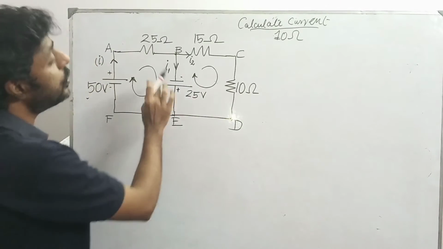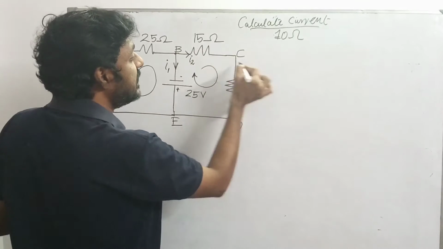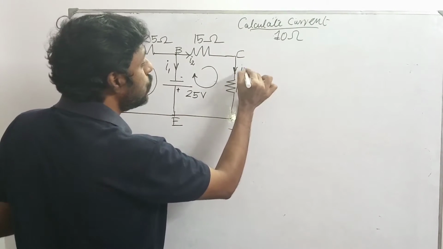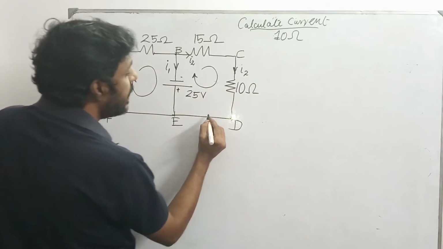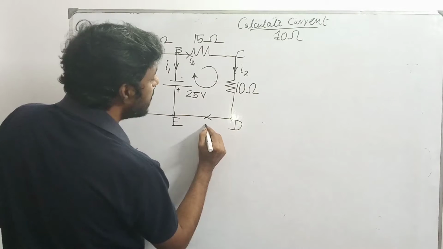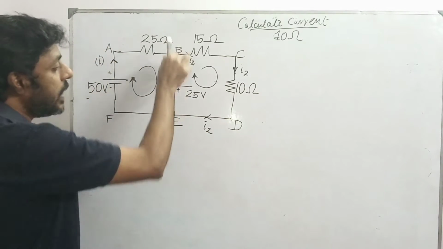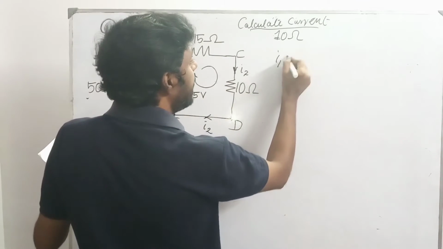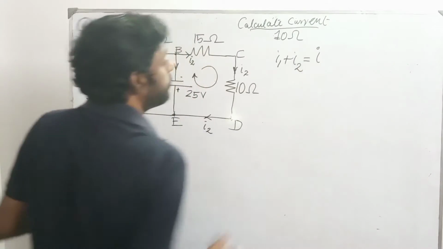So this is how you get the circuit. This current I2 passes through BC, again through CD it flows as I2, and again in the branch DE it flows as I2, and at this point I1 and I2 meet up to get the resultant value I.